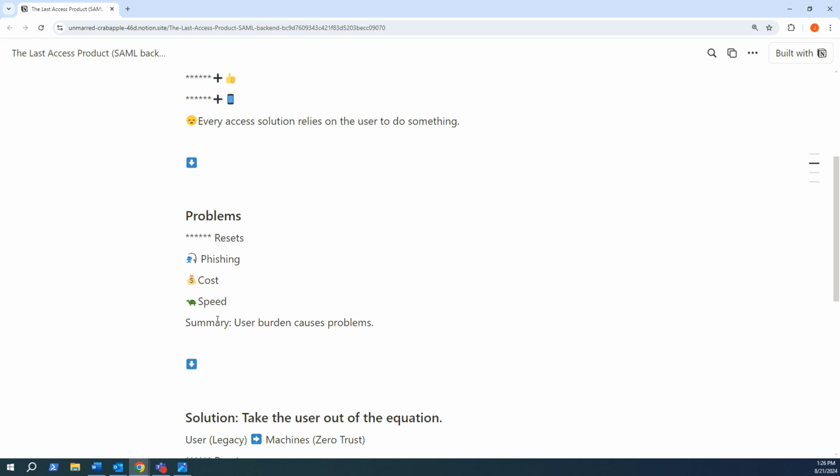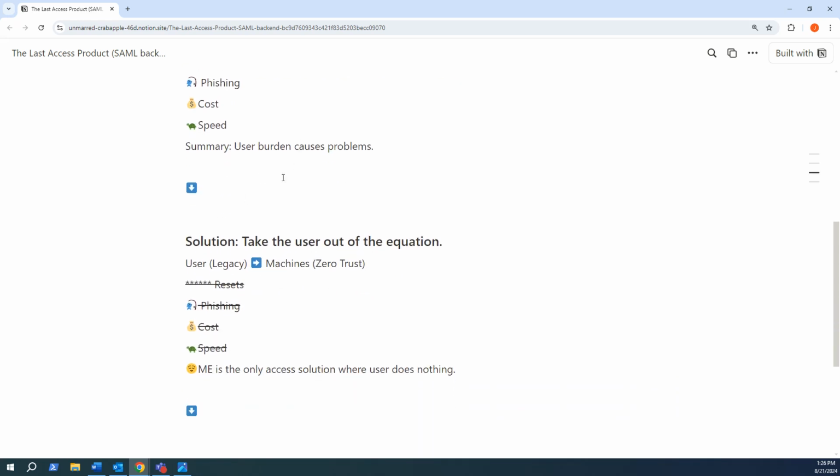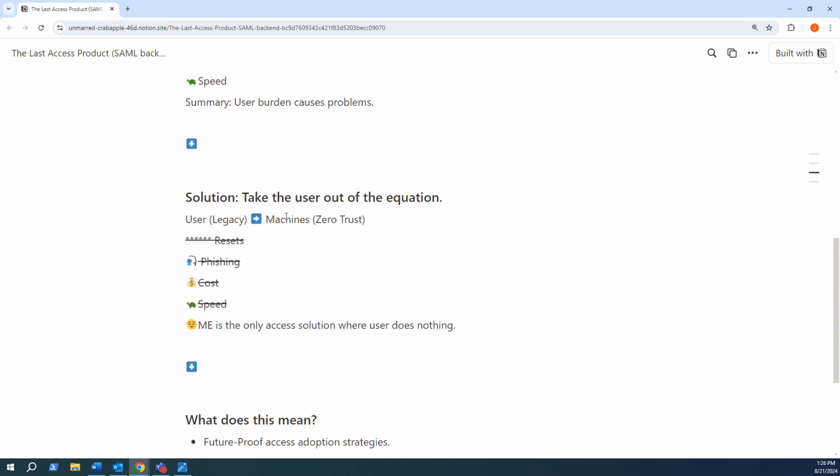If we rely on the user to have access, or the user to do the access process, we're always going to have some sort of issue that arises, no matter what. So the solution would be to take the user out of the equation altogether. The legacy approach, which is what most technologies are these days, is users being required to do something to access a website or whatever it might be.